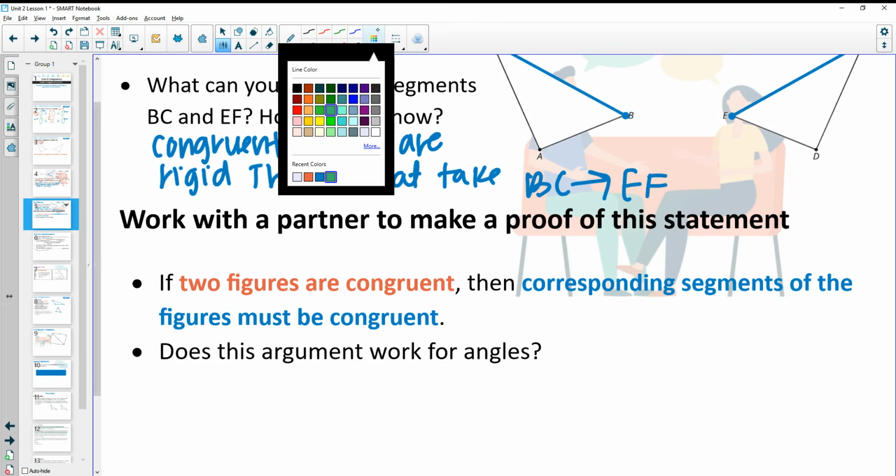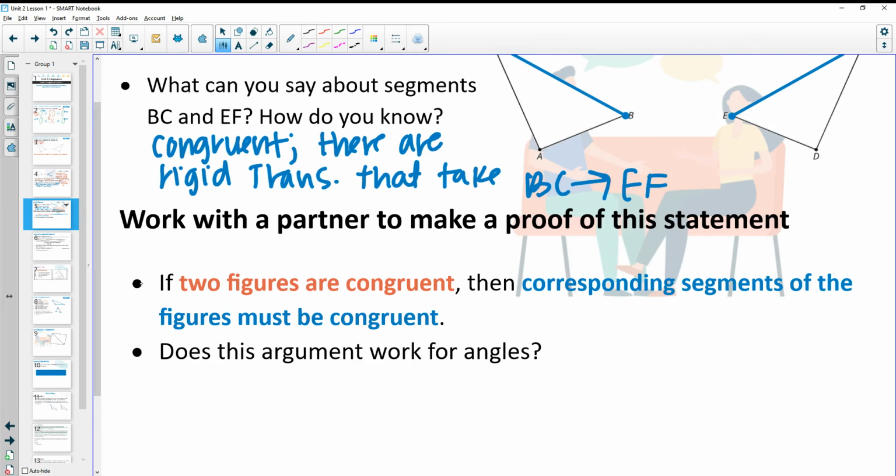So then what I want you to do is try to come up with a justification or a proof. That's just making a statement. So it's starting with the statement and trying to prove the end. So I want you to work with a partner or by yourself. And I want you to try to come up with reasonings for if two figures are congruent, then the corresponding segments are also congruent.